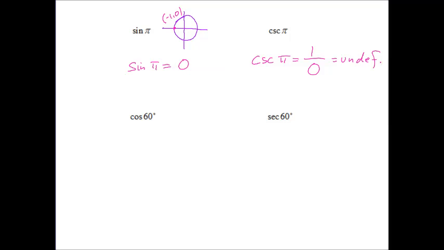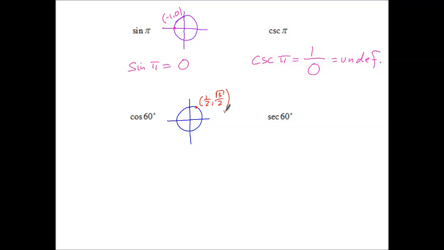Moving on to our next pair of angles, we are drawing our unit circle again. So where does the angle of 60 degrees land? Remember, 60 degrees is one of our tall 30, 60, 90 triangles. So it's around here, and the coordinates of that point are 1/2 and square root of 3 over 2.